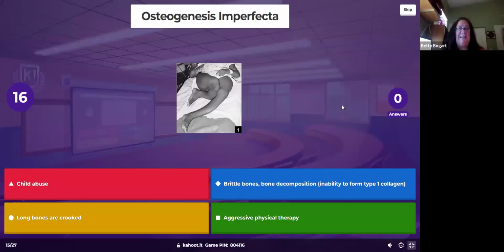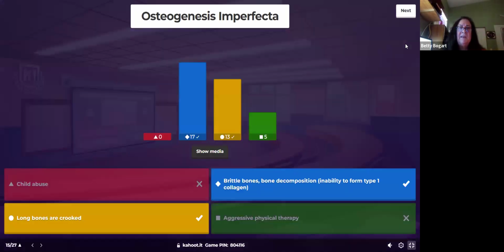It's okay. Osteogenesis imperfecta. What is it? That's okay, no problem. That's the type of question I put here just to tell you to be careful. It's opposite of what you think it should be. Osteogenesis imperfecta is something that, believe it or not, I've watched documentaries on it where they're not diagnosed at birth, and then the parents now are being charged for child abuse because they think all these fractured bones they've caused, but it's a condition, it's a disease.